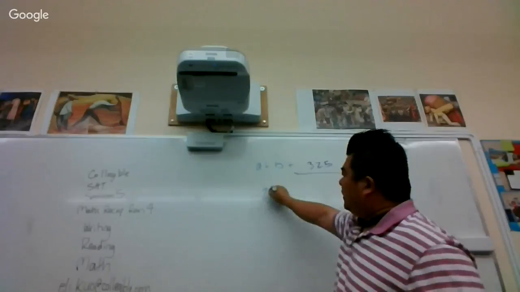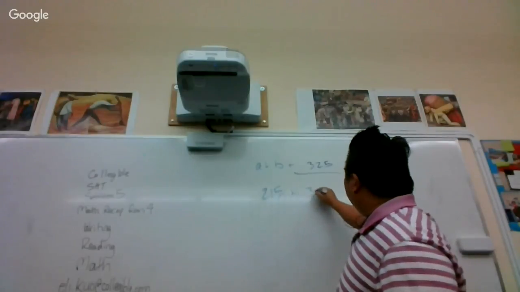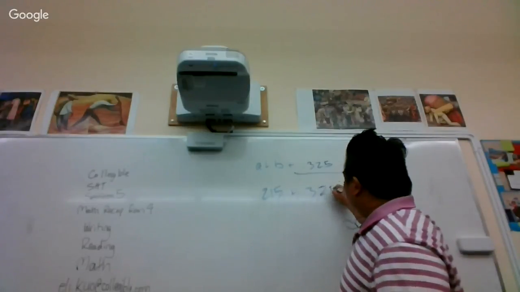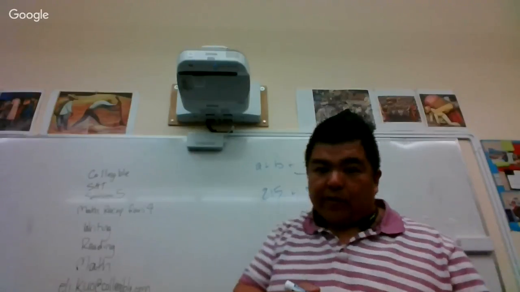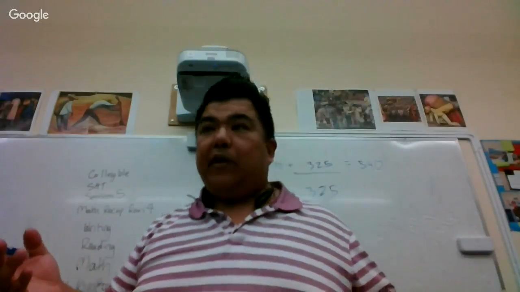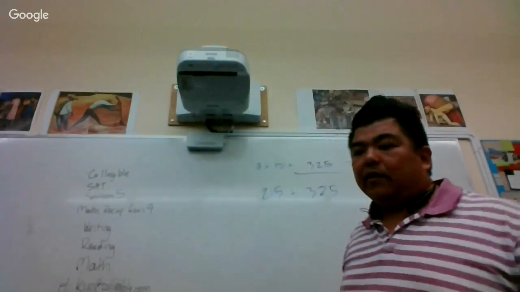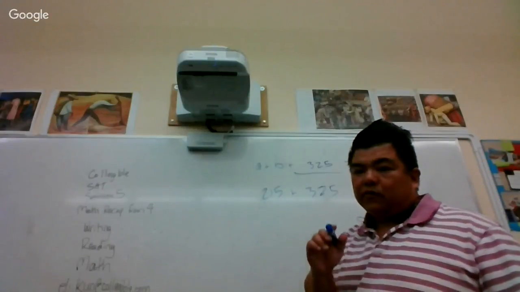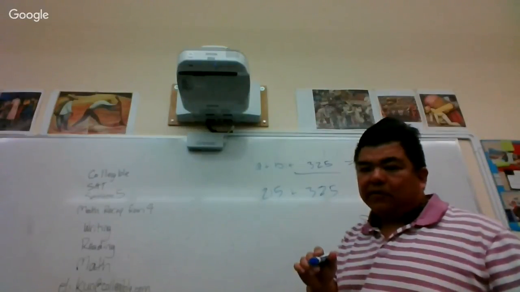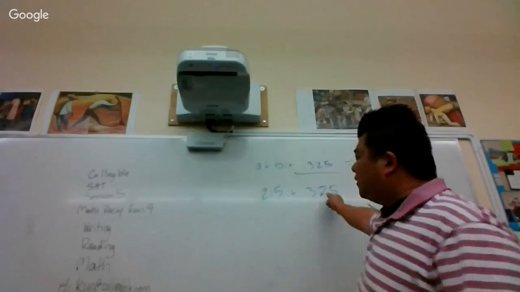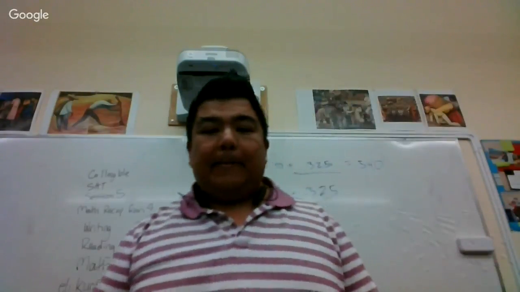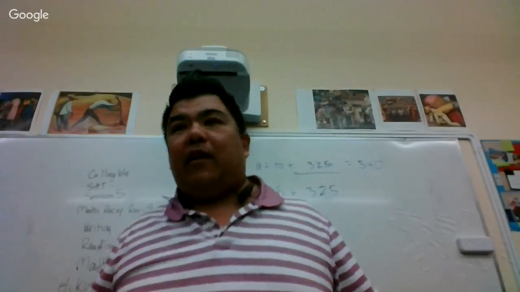So this would be 215 to equal 540. Is that right? 230 plus 95. 325, yeah, that's right. Okay, good. That was pretty easy, right?